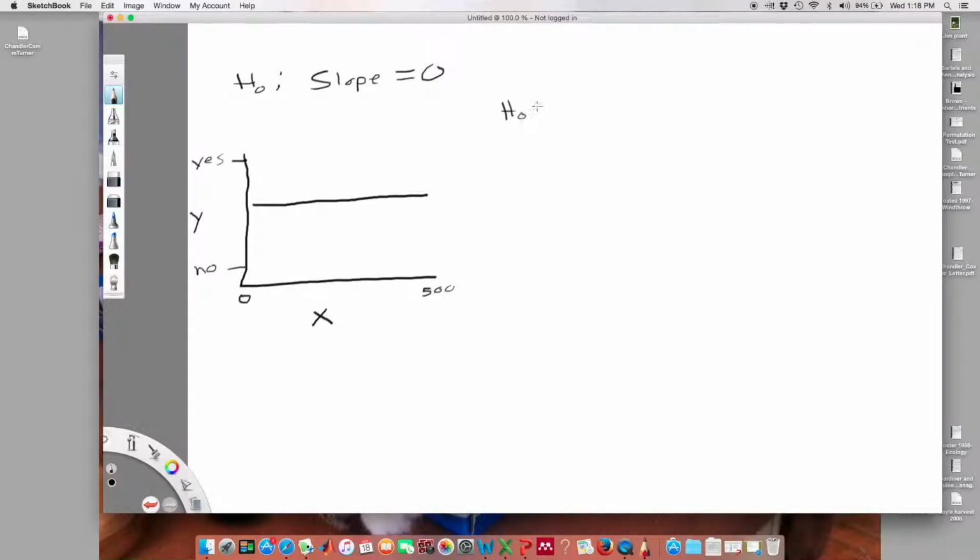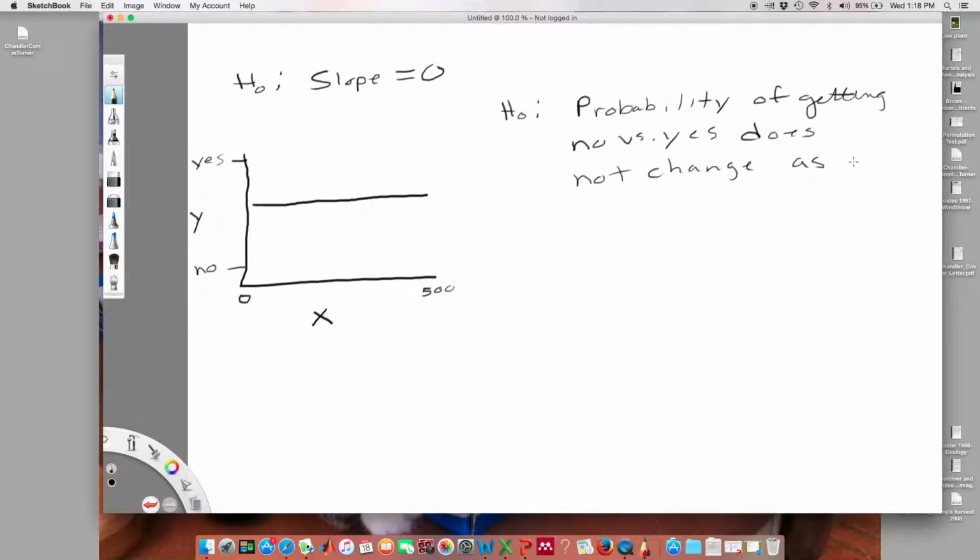Well, the null hypothesis is the probability of getting a no answer versus a yes answer does not change as a function of our independent variable, so x.